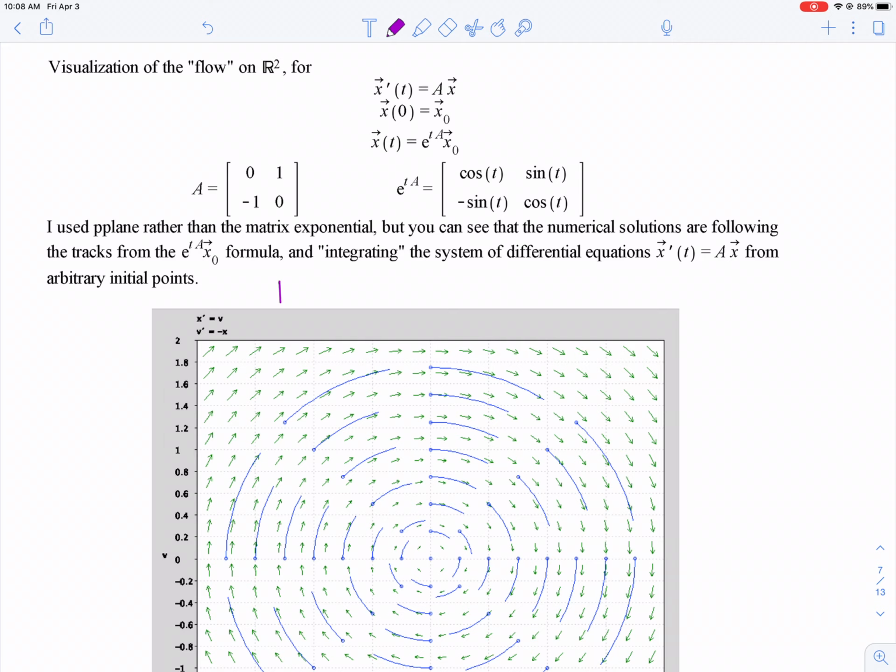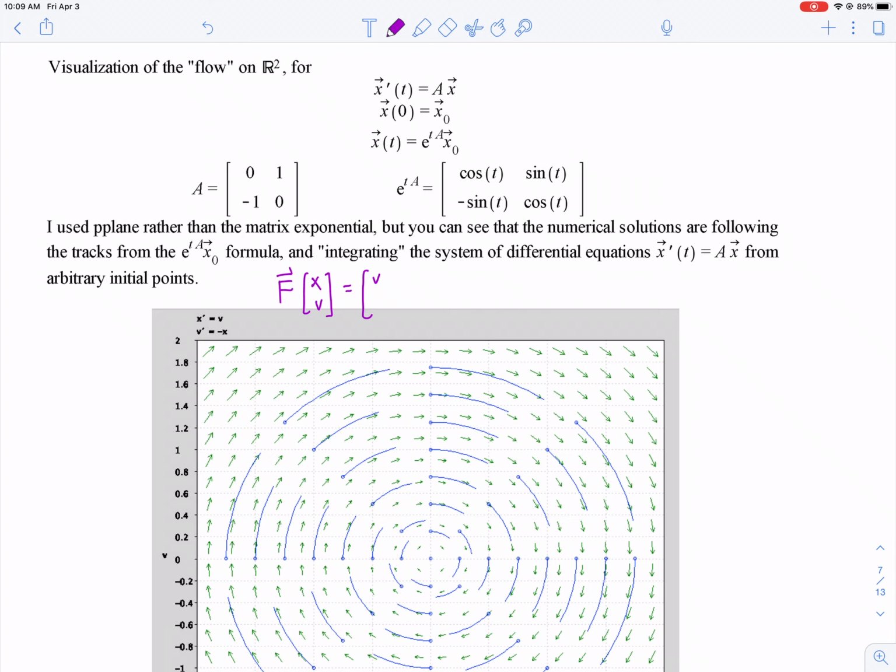So here the vector field, and I used x, v instead of x1, x2 in this picture, because this first order system actually comes from an undamped spring.